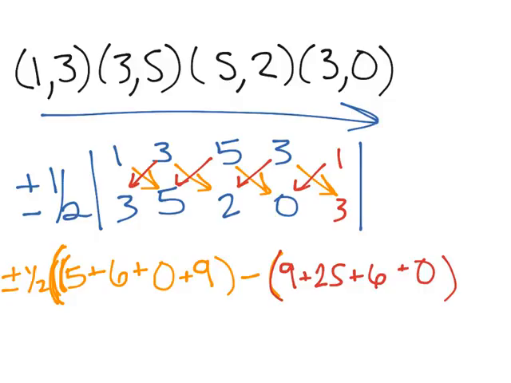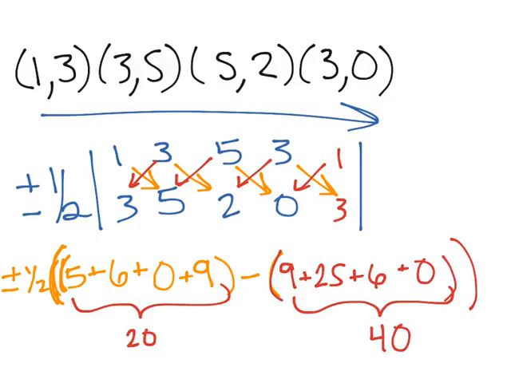Very well. This is our formula. The first is equal to 20. The second is equal to 15 plus 25, 40. We will subtract both of them. This subtraction gives us negative 20.